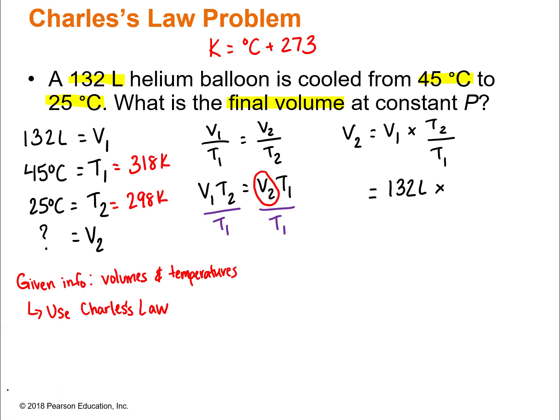You can either convert your temperatures right away as you're writing out your initial information from the problem and figuring out which gas law you need, or you can do it after. Doesn't matter as long as you do it before you start punching numbers into your calculator.